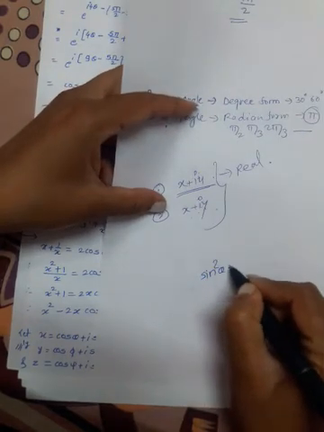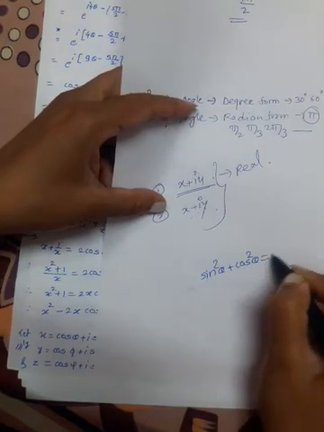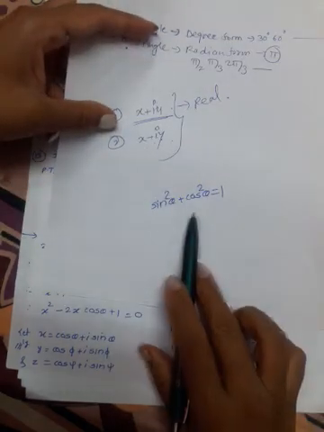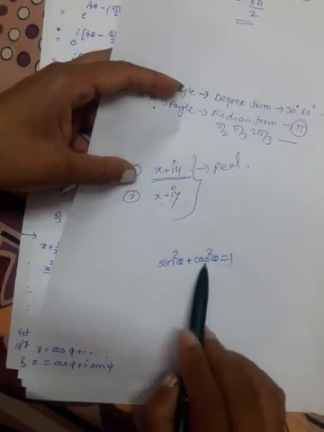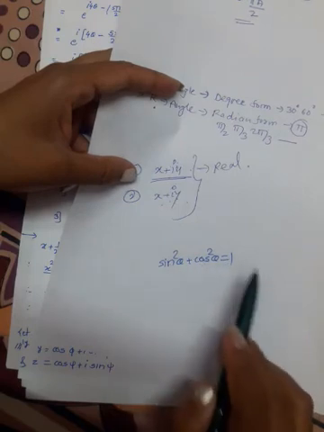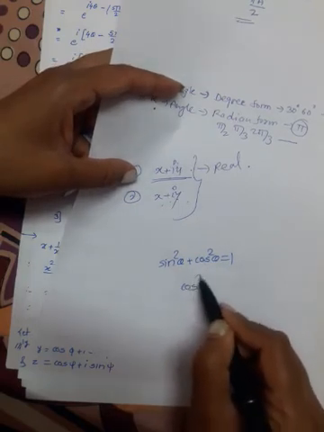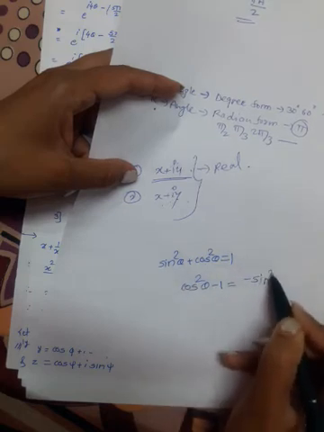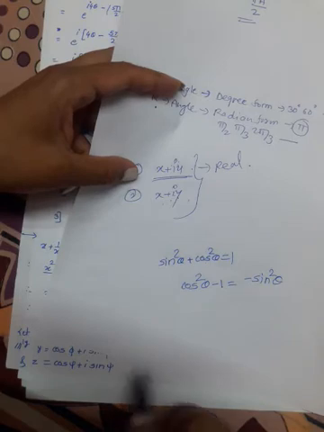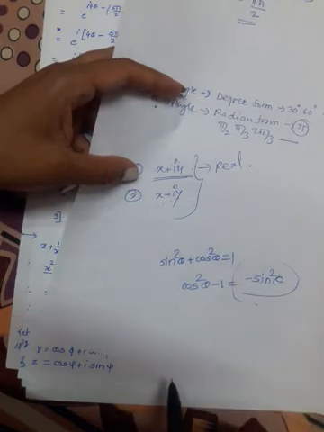Sine square theta plus cos square theta is equal to 1. Okay, this is the identity, but what do we want? Cos square minus 1, take 1 on that side, sine square on this side, what does it become? Cos square theta minus 1 becomes minus sine square theta. It is not plus sine square, it is minus sine square.